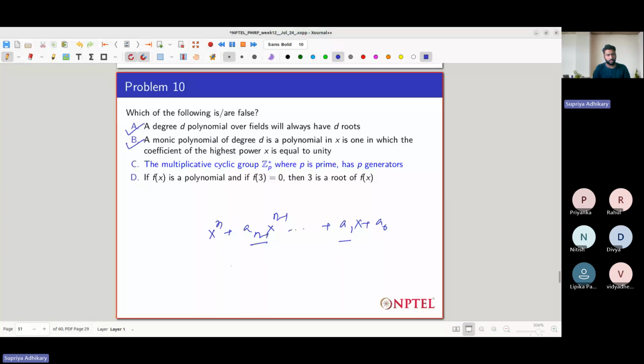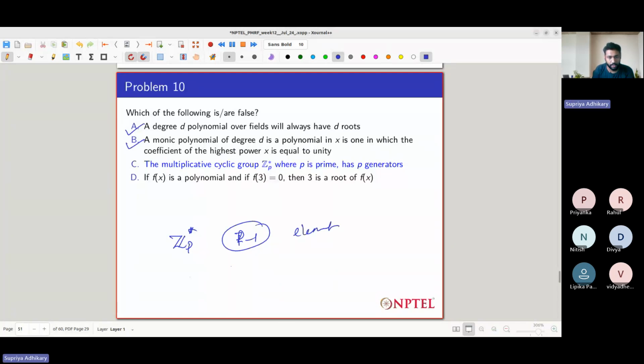The third statement is that the multiplicative group Z_p star, where p is prime, has p generators. Now this is not true. Why? Because Z_p star only has p minus 1 many elements.